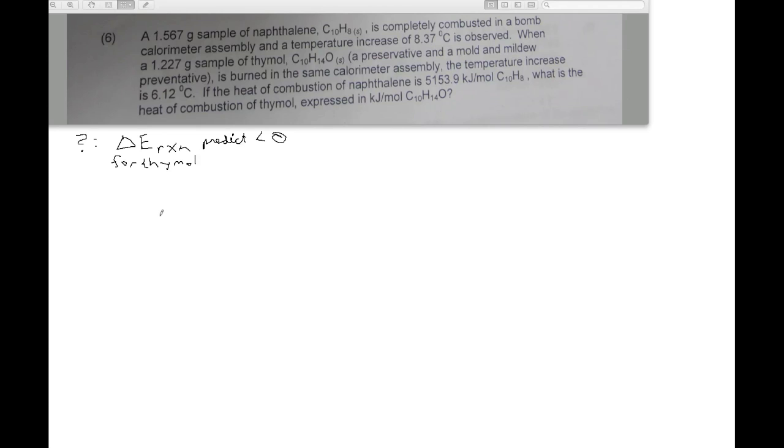So what would be a good general equation to start with to analyze the thymol combustion?